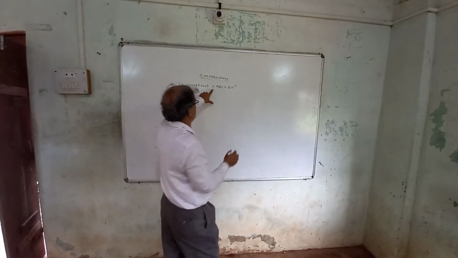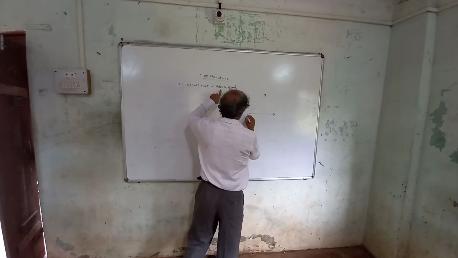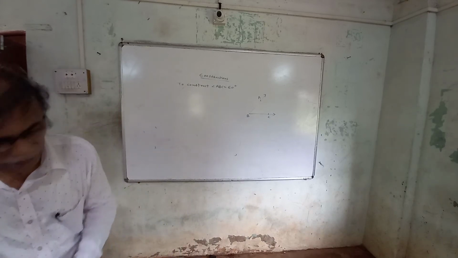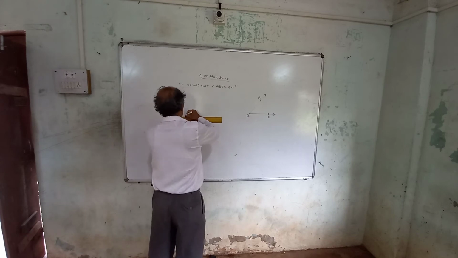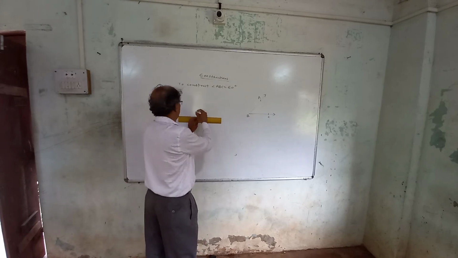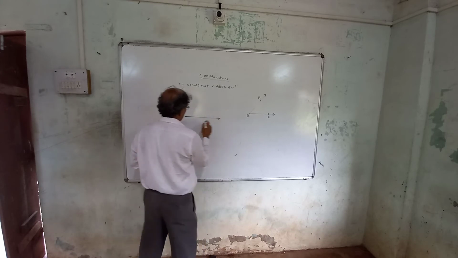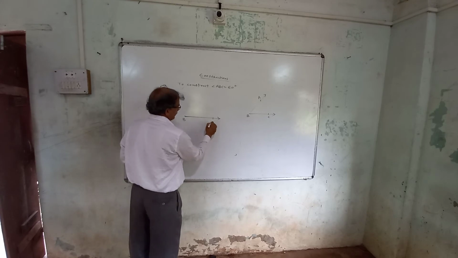Now angle ABC, rough diagram, means B is the vertex. Somewhere will be A, somewhere will be C. So any one ray you have to draw first. So I shall draw one ray and name it BC. Suppose this is ray BC.